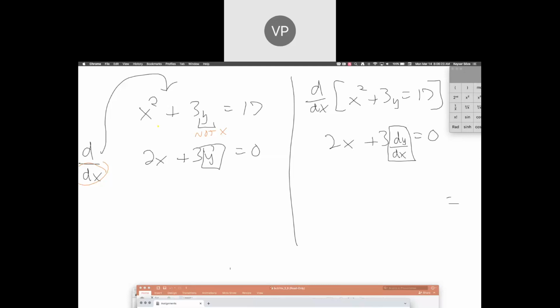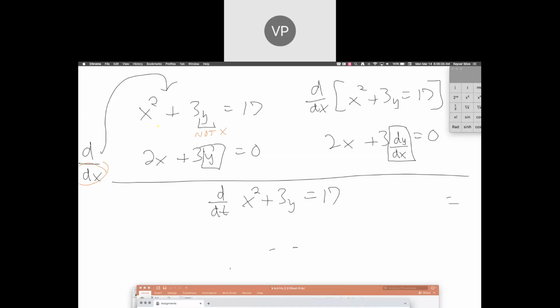But why I'm talking about that is, now let's say we have the same problem, but this time we're going to take the derivative with respect to t. Now the good news is not much changes. We still get a 2x here, we still get a 3, we still get a nothing over here.